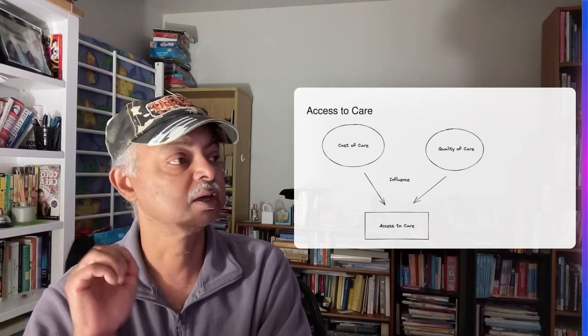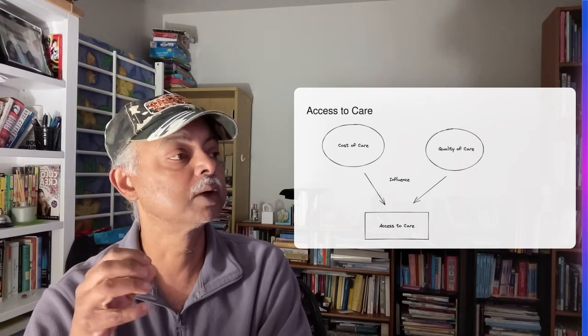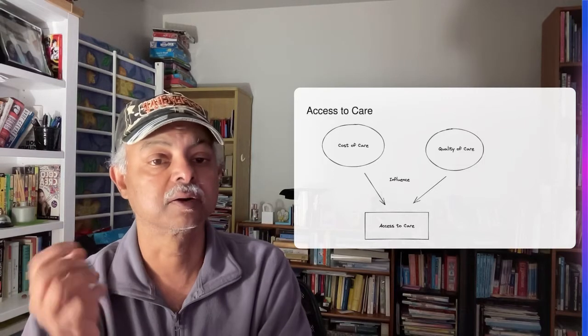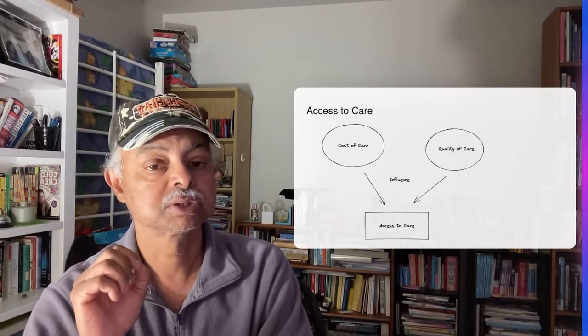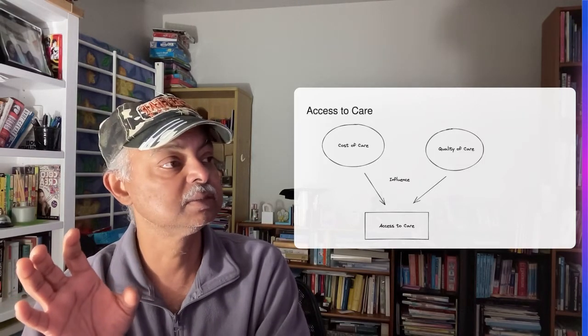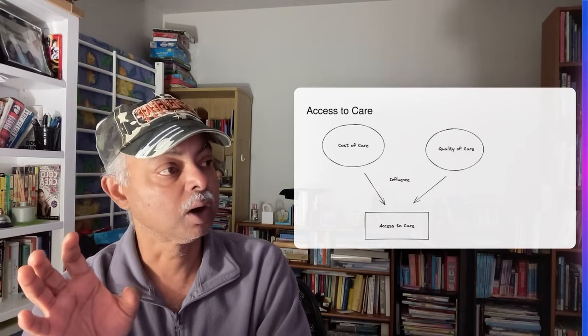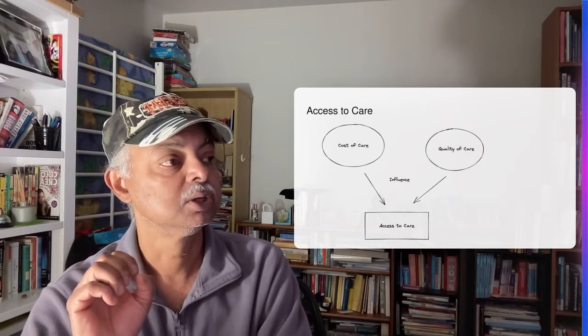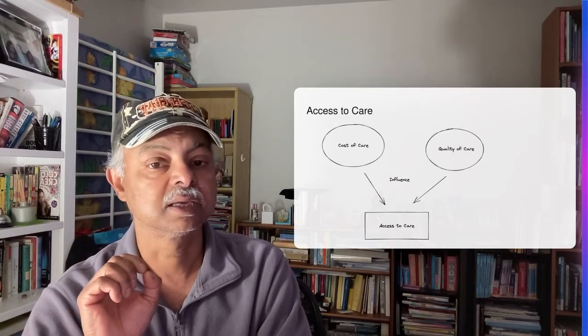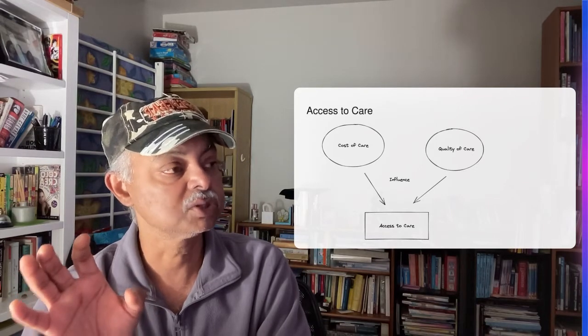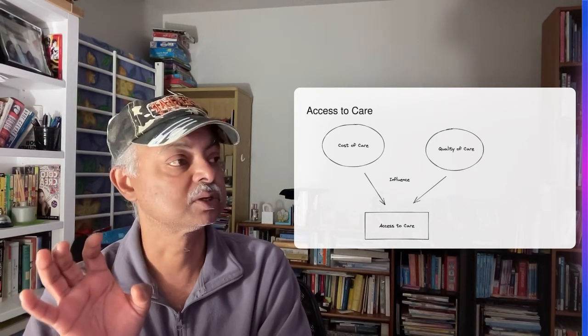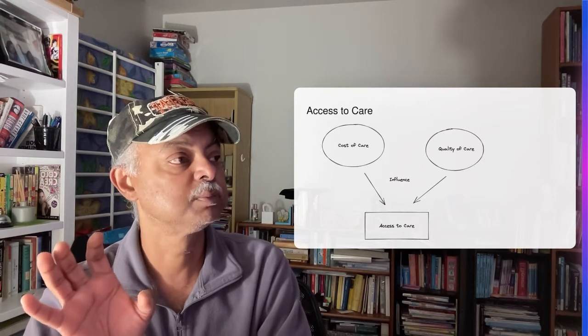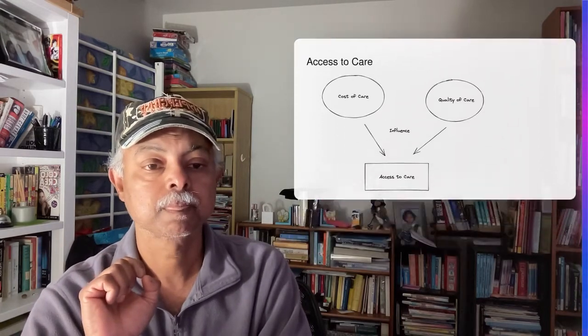If the quality of care is not very good, then people who can afford care will look elsewhere. So access to care is an intimate issue. In order to understand access to care, you do need to understand that care has a cost to it, and care has a quality issue to it, both of which must be considered simultaneously.